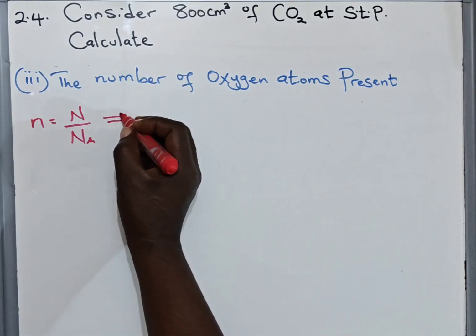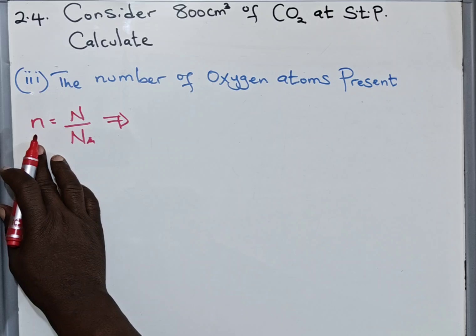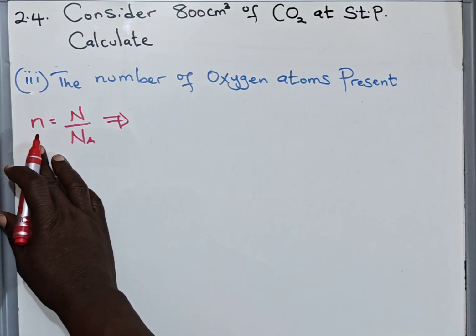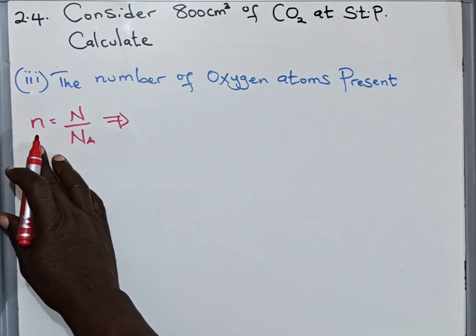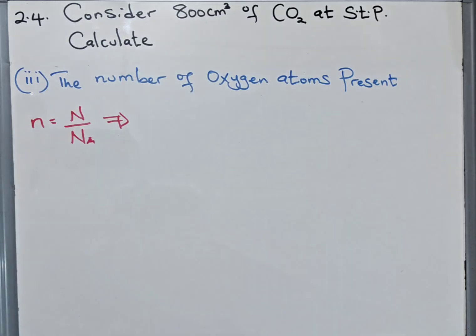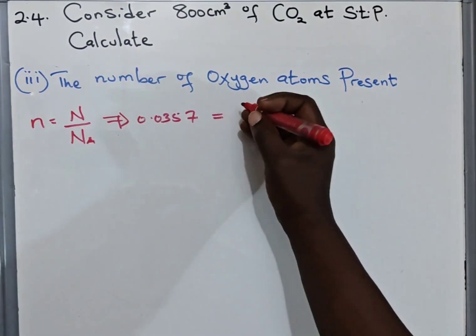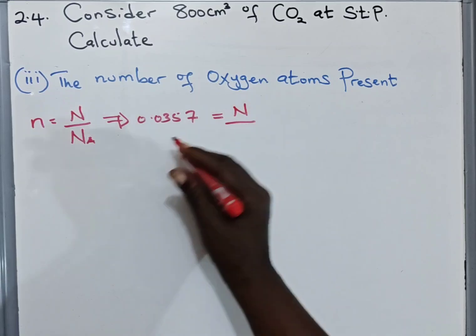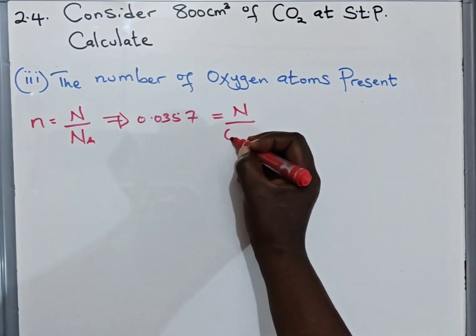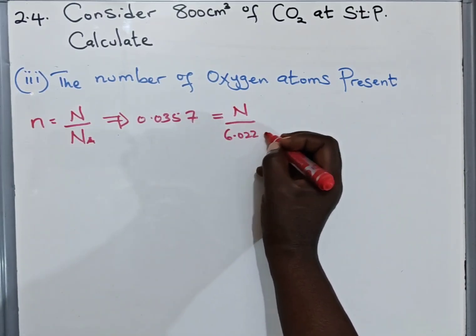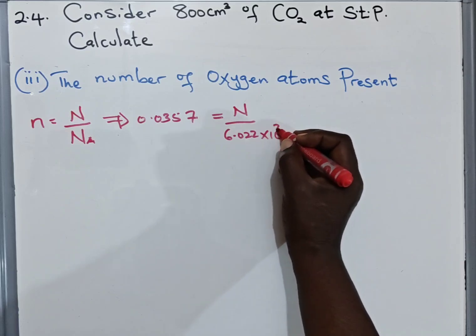From here, what do we do? We substitute with what we have. We know the number of moles of carbon dioxide. Then we substitute for N, which we don't know, but we know Avogadro, which is 6.022 times 10 power 23.